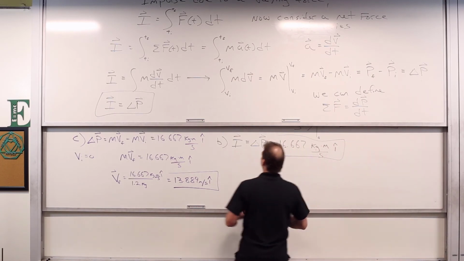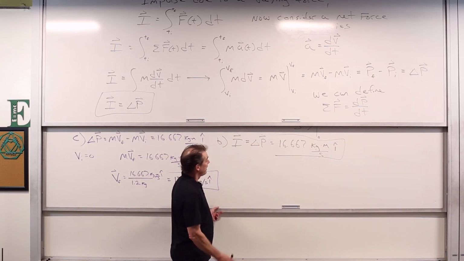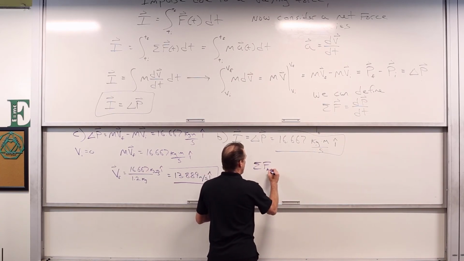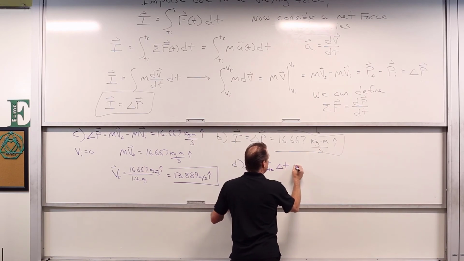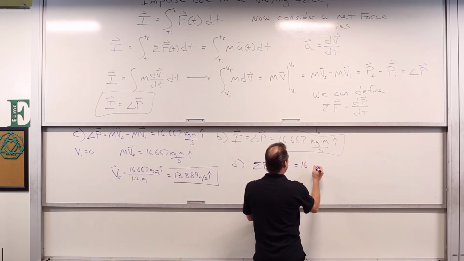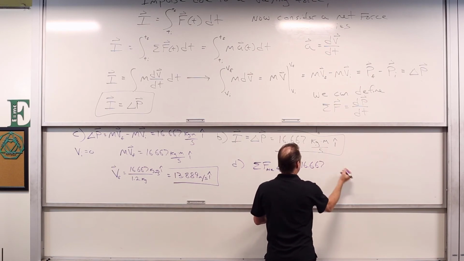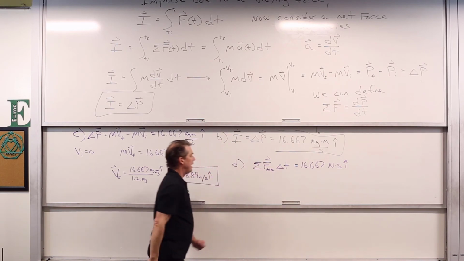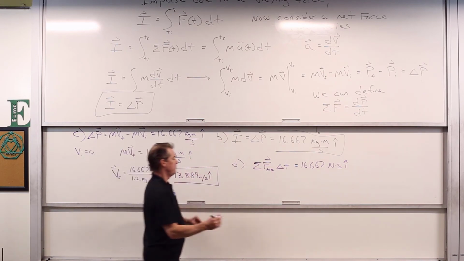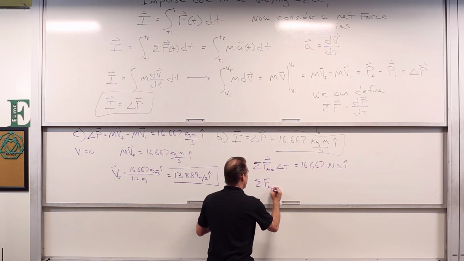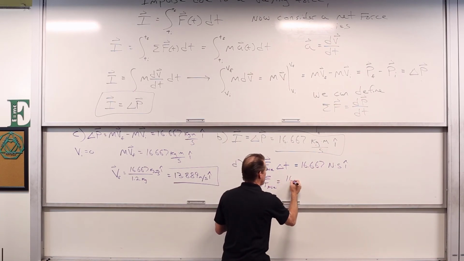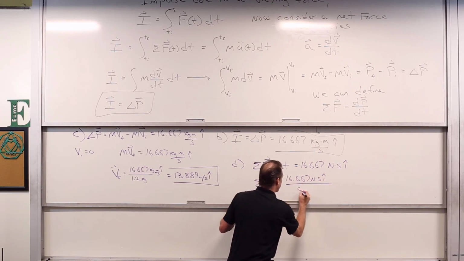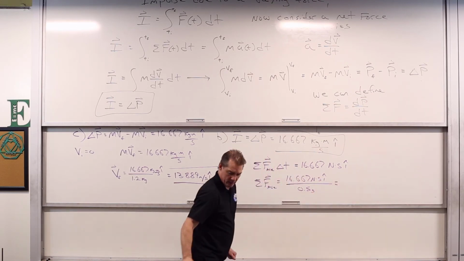So we can look at sigma F average times delta t is equal to 16.667 Newton seconds I hat. And what does that give us? Well, sigma F average hat is going to be equal to 16.667 Newton seconds I hat divided by the time interval of 0.5 seconds, which gives us 2 times that.